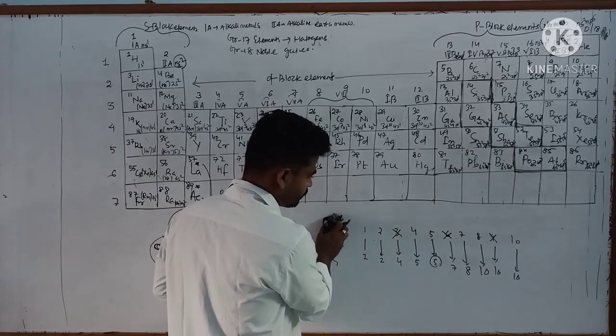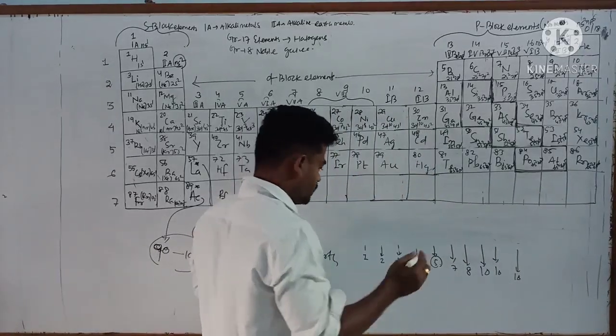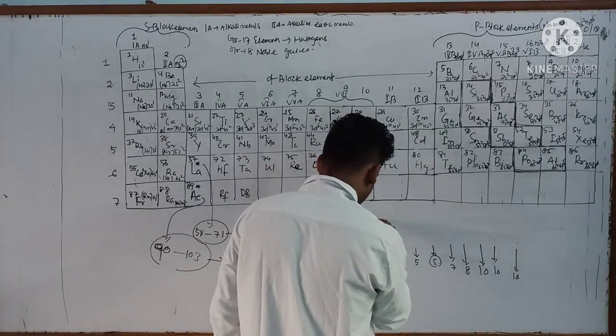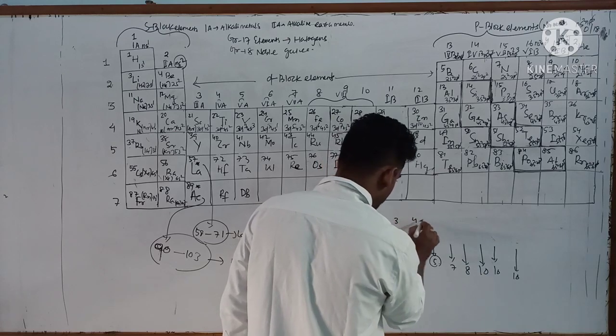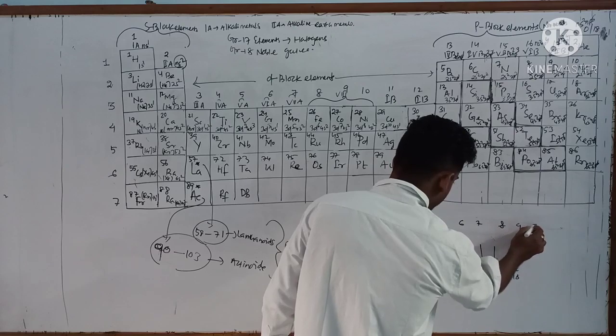See here, the d subshell has 10 electrons, 1 2 3 4 5 6 7 8 9 10.